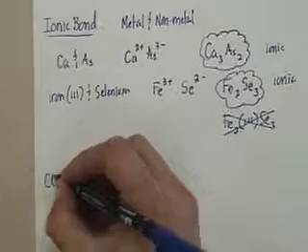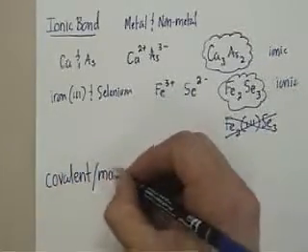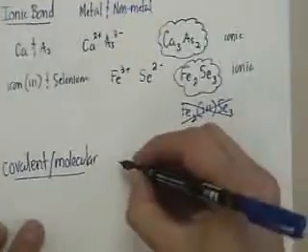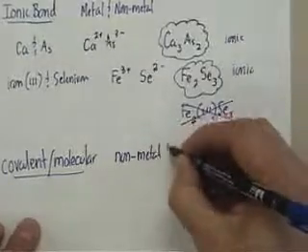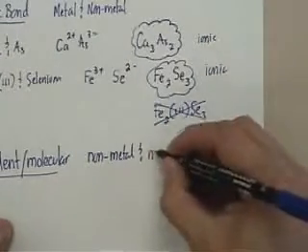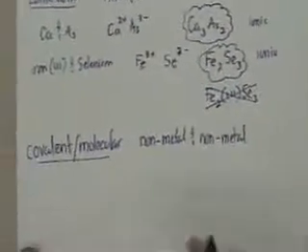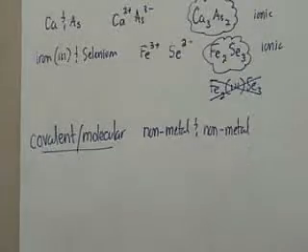Your covalent or molecular bond is going to be a non-metal and a non-metal. Okay? Metal, non-metal, non-metal. So all we're doing is looking at a periodic table. We're taking things that are on the non-metal side and we're crisscrossing them.